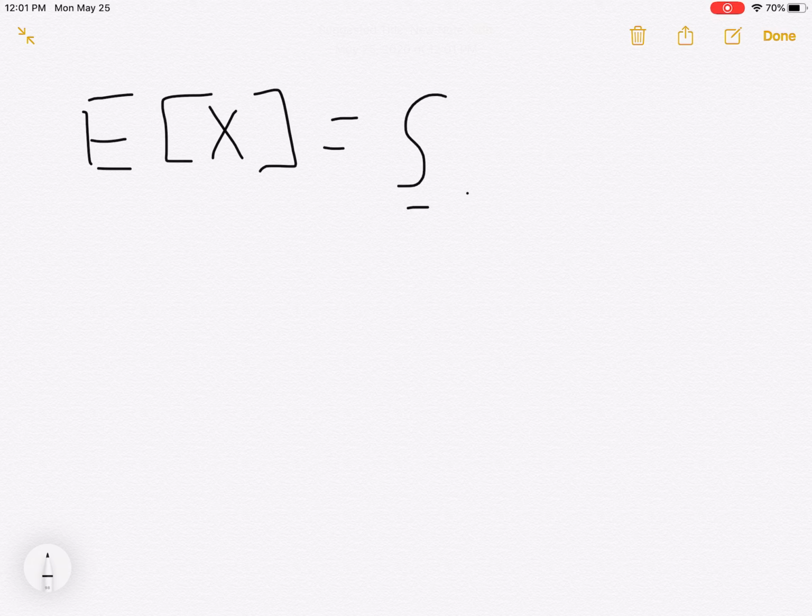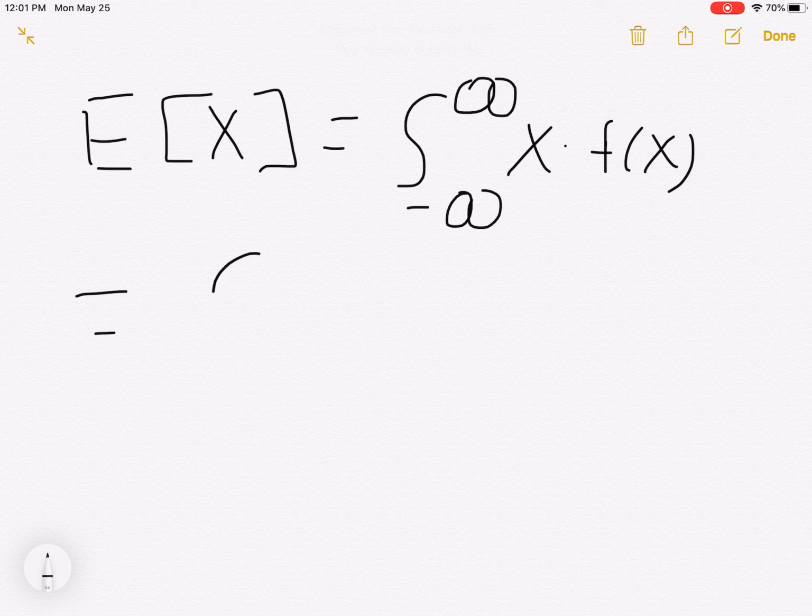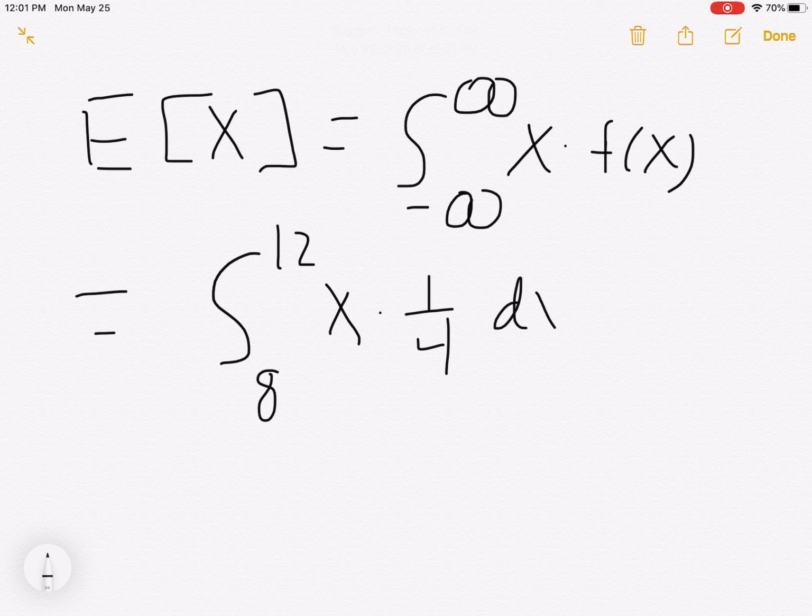Okay. Now, what if I was asked to compute the average waiting time, E of x? Well, this would be the integral from minus infinity to infinity of x times f of x. And I don't have to integrate from minus infinity to infinity. Instead, I can integrate from 8 to 12 of x times 1/4 dx.